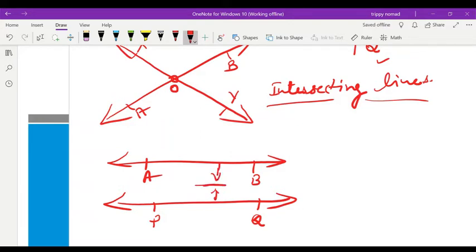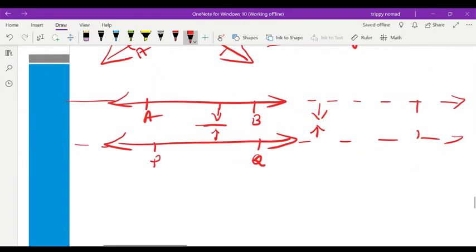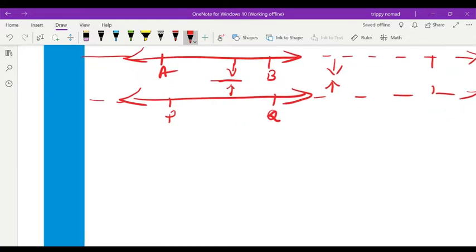The distance everywhere will remain the same, and these lines will not meet at any point. Such lines are called parallel lines. A railway track is a very good example of parallel lines.